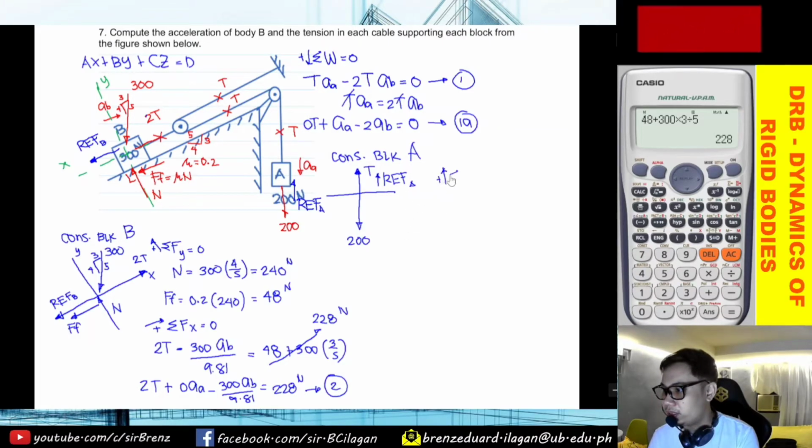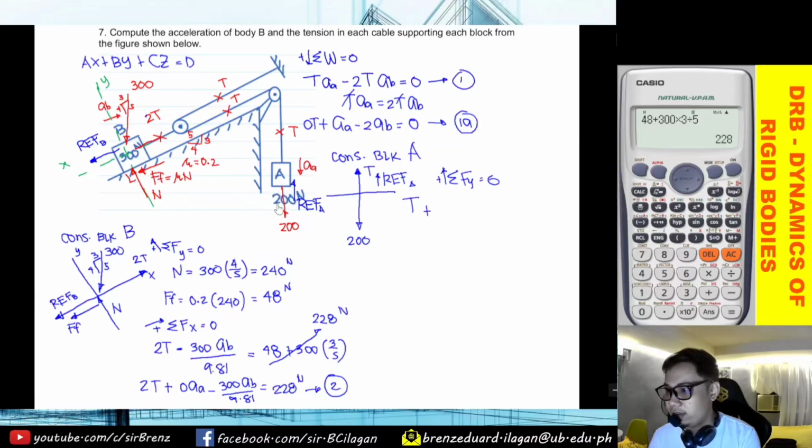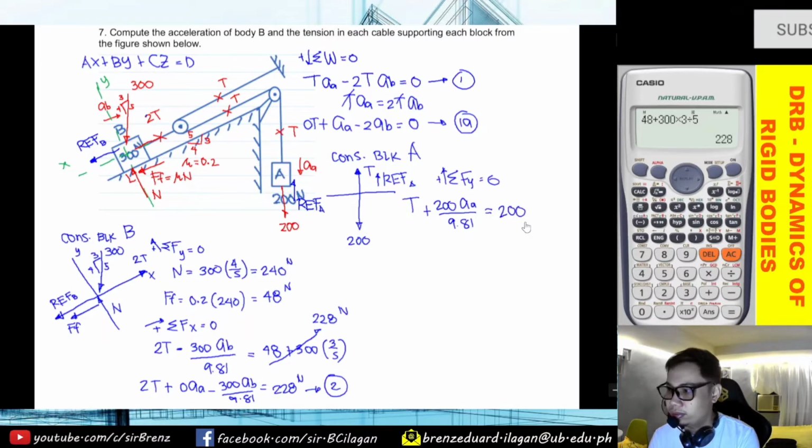So isang equation lang naman yung gagawin natin. Take summation of forces y, assuming upward direction as positive. So we have T plus yung reverse effective force, which is WA over g, kung saan yung W mo is 200, multiplied by acceleration of block A all over 9.81, and then minus 200, so transpose ko sa kabila, equals to 200.